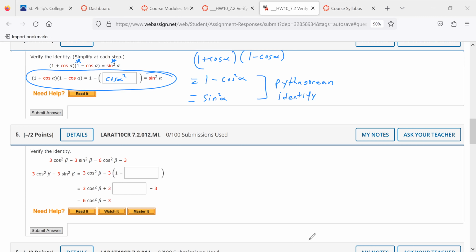So number 5 would also be Pythagorean. We could use that for the first choice. Number 5. Yeah, it looks like they are changing this guy into 1 minus cosine squared theta. Then you distribute the 3 and you're going to get 3 plus. Wait a second.